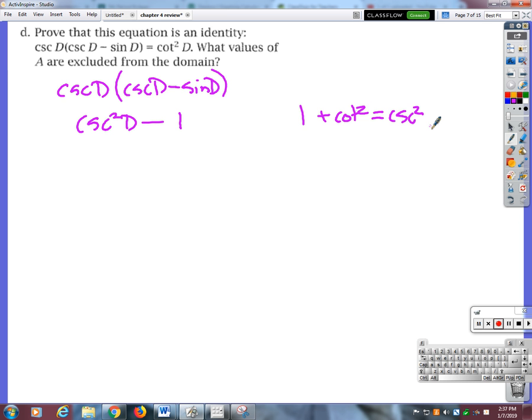Okay, thank you. So do you guys see how I can replace this cosecant squared with 1 plus cotangent squared? Because the ones cancel, and you just have cotangent squared. Okay? Alright, that wasn't so bad.